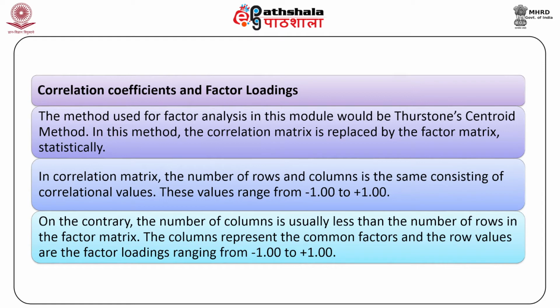These values range from -1 to +1. On the contrary, the number of columns is usually less than the number of rows in the factor matrix. The columns represent the common factors and the row values are the factor loadings ranging from -1 to +1.